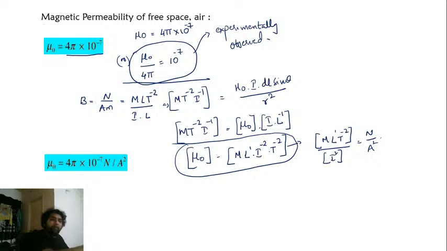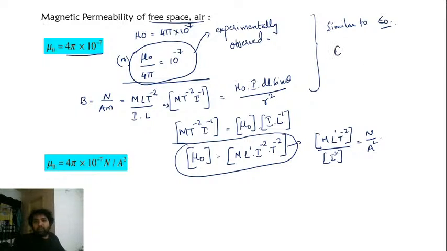So this is about permeability. This is magnetic permeability in free space and air. So this is very similar to, एक और thing I'll tell you, we will discuss about this later, but this is very similar to permeability in free space, like very similar to epsilon naught. So for matter you will have different epsilon naughts. Epsilon will be equal to epsilon naught into epsilon r. Similarly, here also you will get mu will be equal to mu naught into mu r.